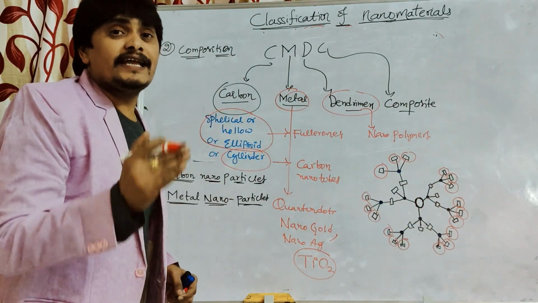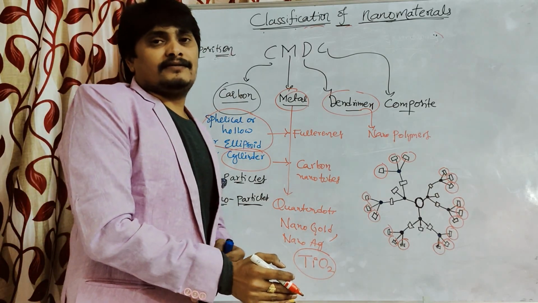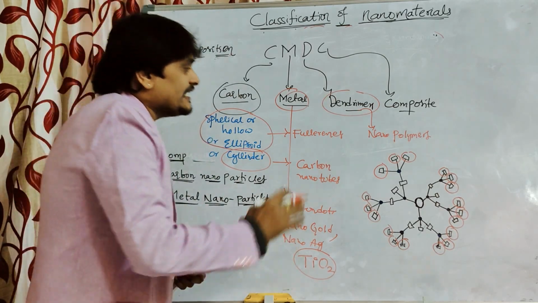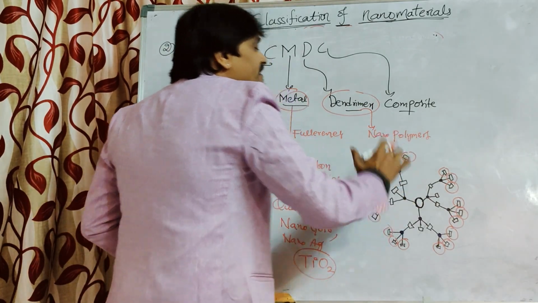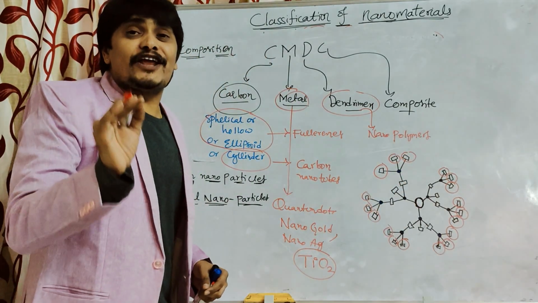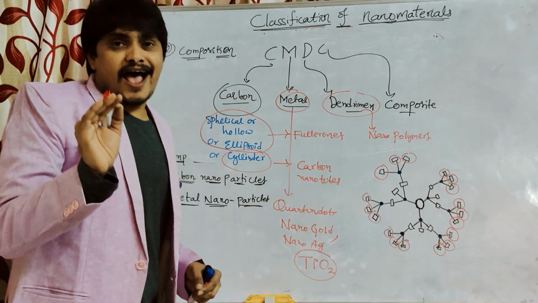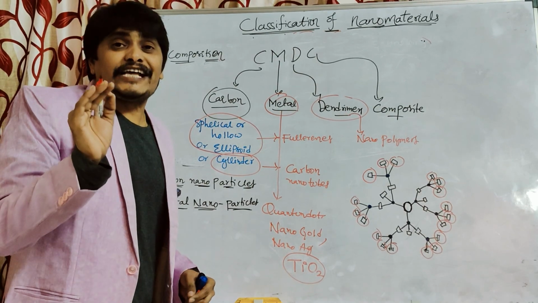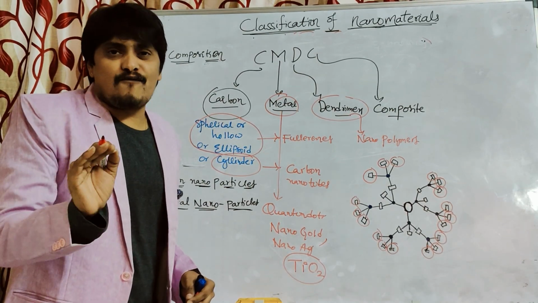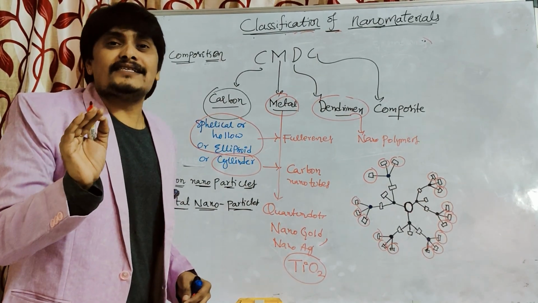And as dendrimers comprise n number of chain ends, they act as very good catalysts. About this, definitely I will explain while explaining the application of nanomaterials in catalysis.